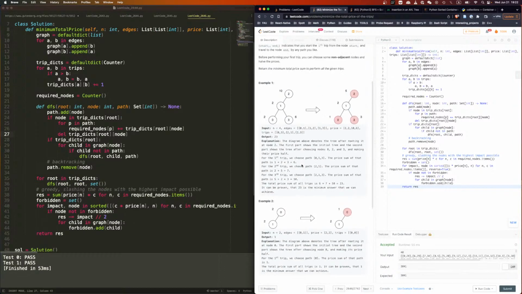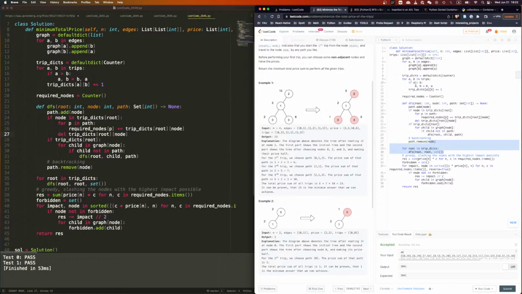Okay, the problem is, we already found the nodes that will be involved. We use these to find the nodes that need to be involved. Now our question is which ones to eliminate, right?